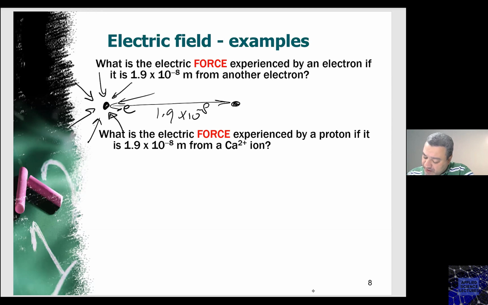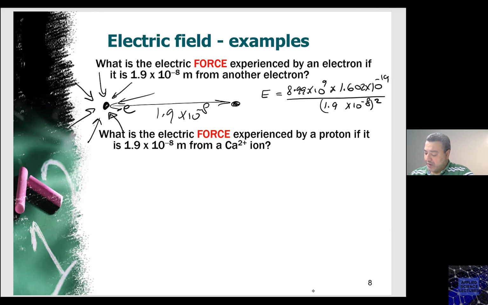So if we calculate the electric field at this location due to this, let's start this way, then calculate the electric field right at this point. The electric field would be 8.99 times 10 to the power 9 times 1.602 times 10 to the power minus 19 divided by 1.9 times 10 to the power minus 8 squared.